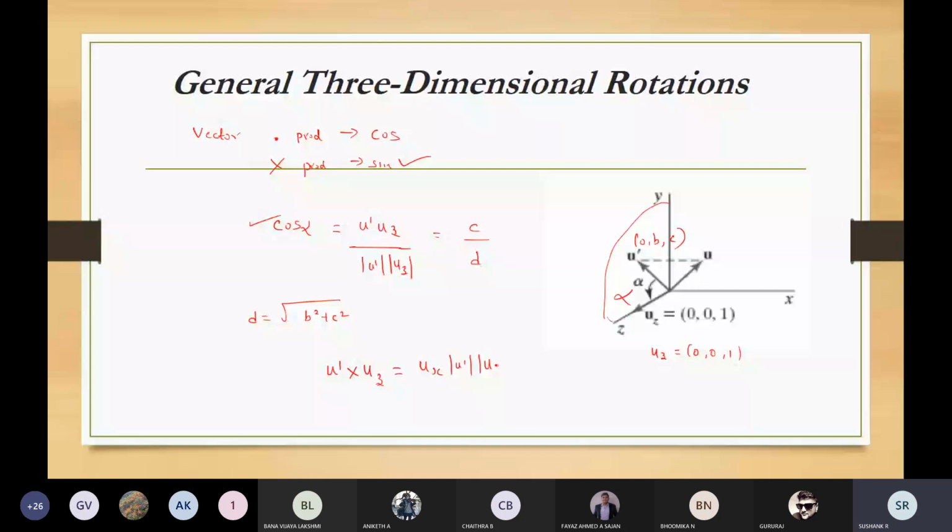So this is the formula to obtain sine alpha, and also the Cartesian form of this cross product will be u dash cross uz is equal to ux dot b.